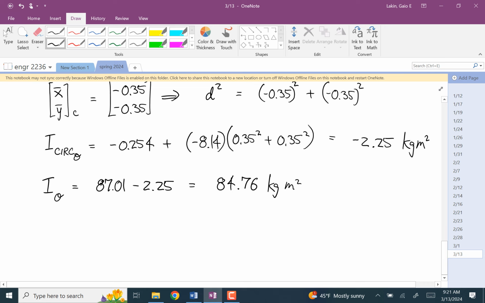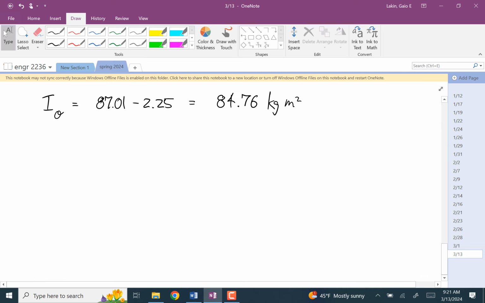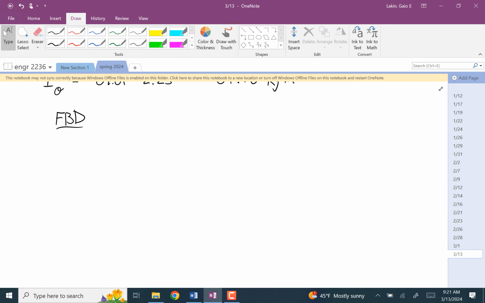Okay. So now we can finally do a free body diagram, get on with the problem. Most of this problem is just calculating the centroid and the mass moment of inertia. So I'll just draw it like this for the free body diagram.